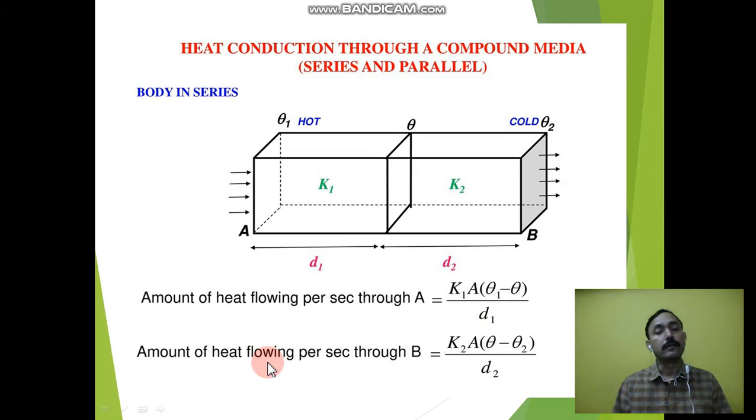The amount of heat flowing per second through B is K2 A (theta minus θ2) by d2.